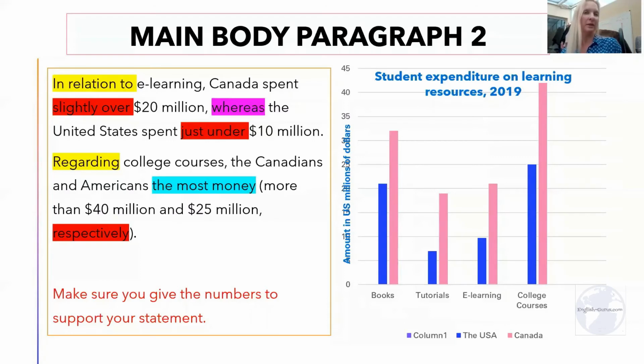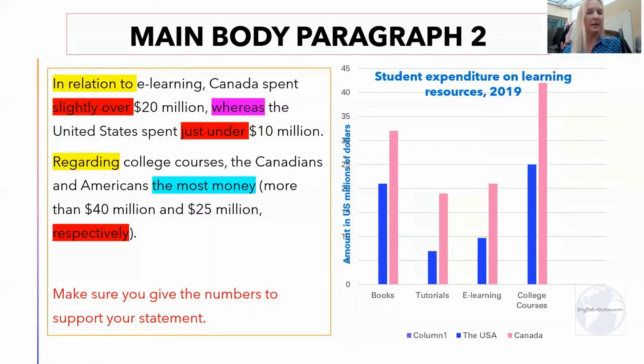So in this second body paragraph, I'm again using a nice linker to begin, in relation to e-learning, and then I make that comparison between Canada and the US. In the second sentence, I do the same thing. I use a linker to refer to the final product, college courses, and I make a comparison.